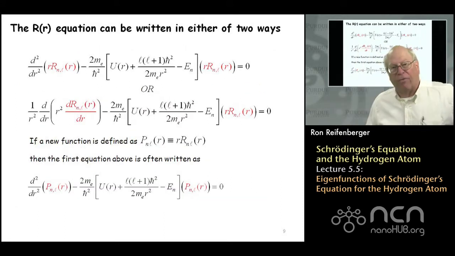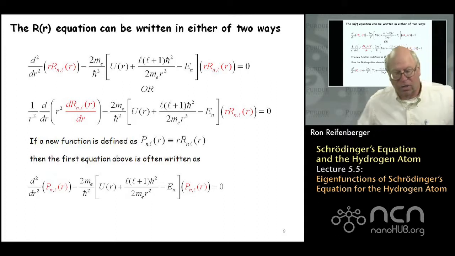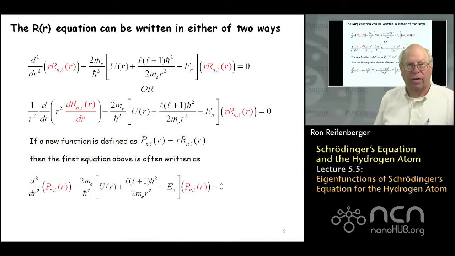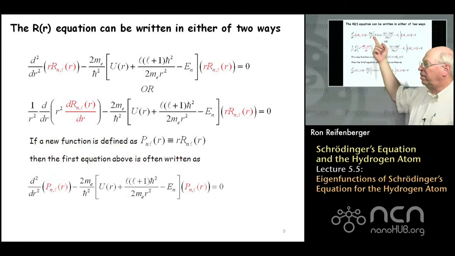I will say up front that there are two ways of writing the radial differential equation. This was discussed in the appendix of lecture L3 earlier this week, right? The two forms of the radial differential equation that you find in different textbooks I've written down here. And this gives rise to a new definition.